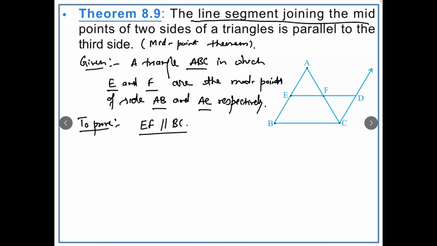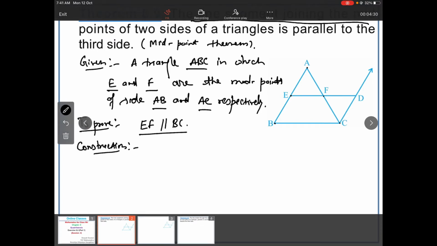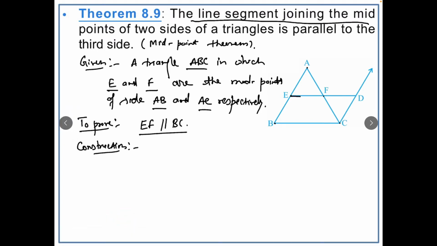So we'll start with the construction. Construction: produce EF to a point D such that CD is parallel to BA.